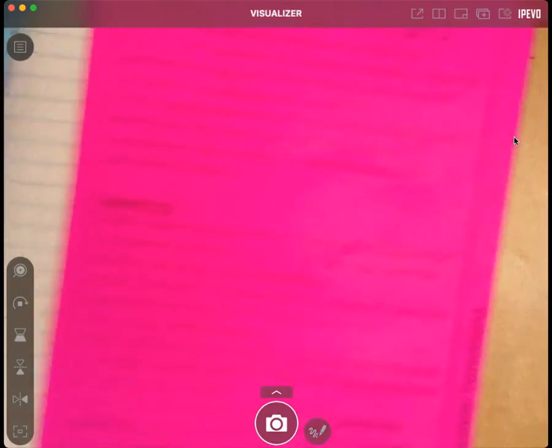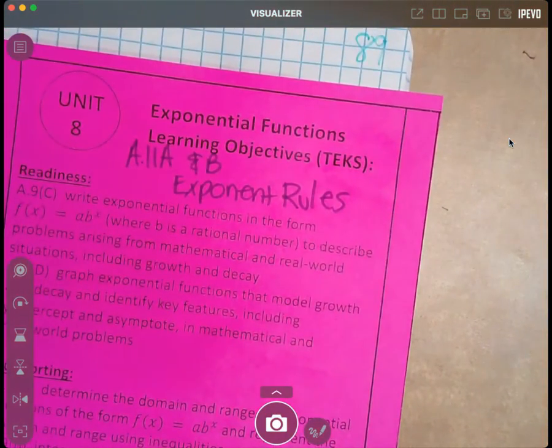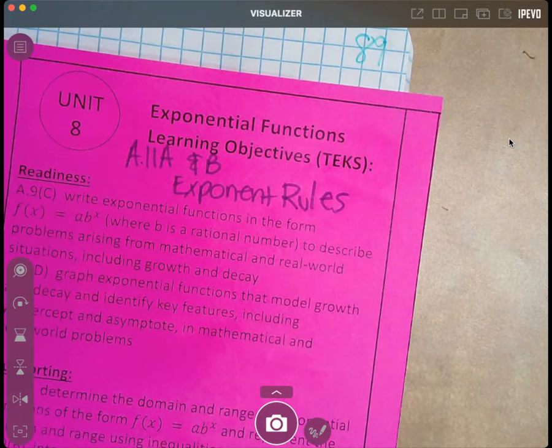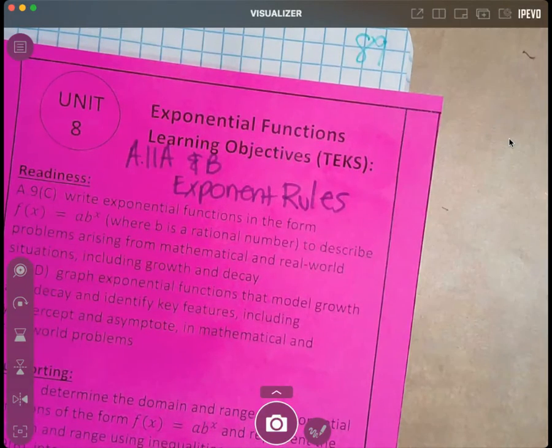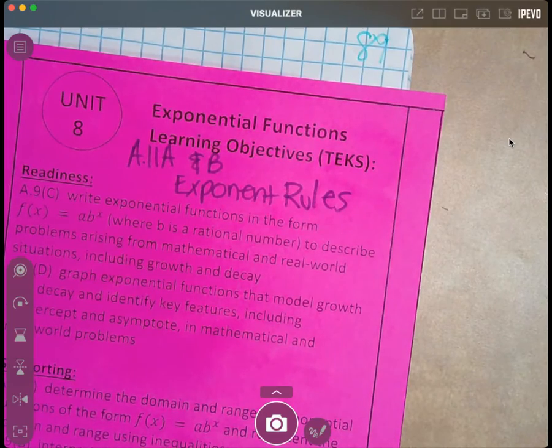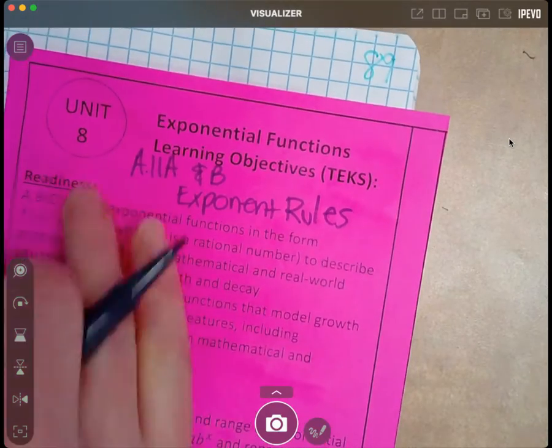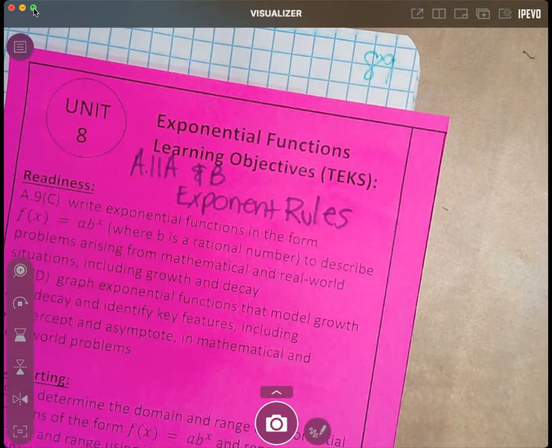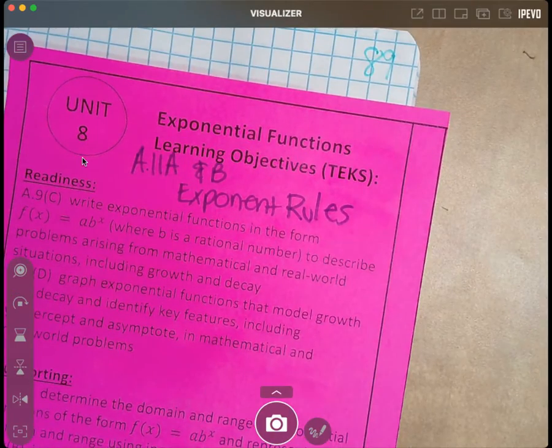That is a really bad glare on it. There we go. A.11A and B, the exponent rules. And then we'll go through all the exponential functions after we do the exponent rules.